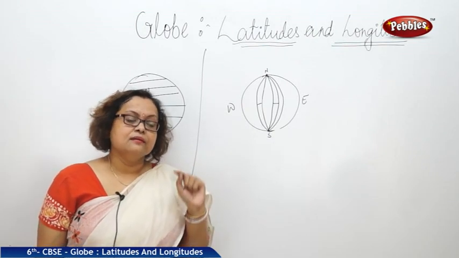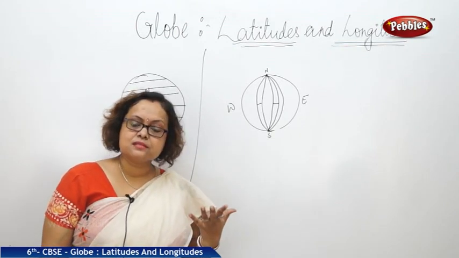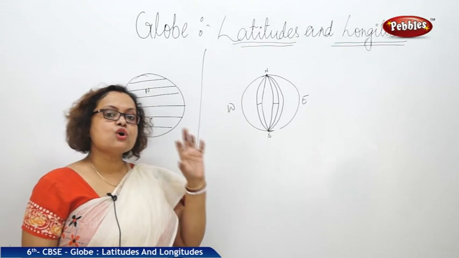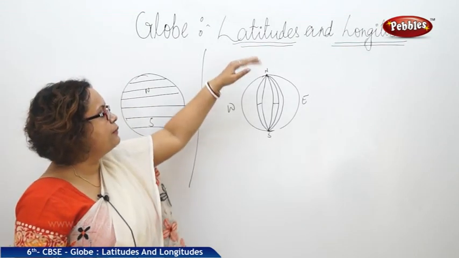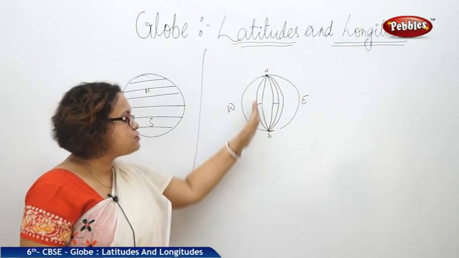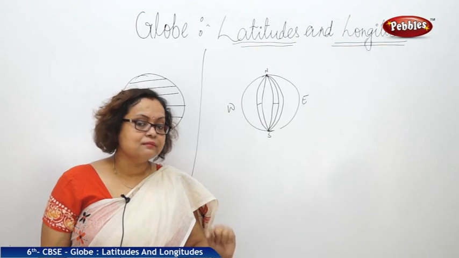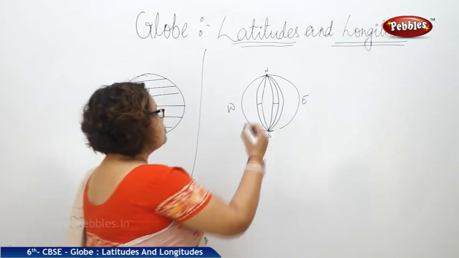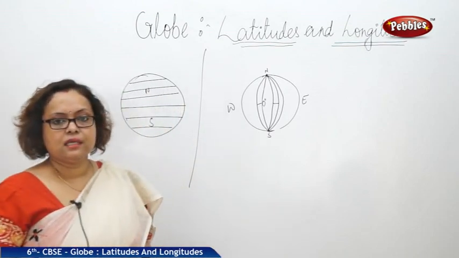For that, the geologists all sat together, they discussed, and then they decided that the meridian of longitude passing through the British Observatory in Greenwich will be the prime meridian. And we have given it the measurement of 0 degree.